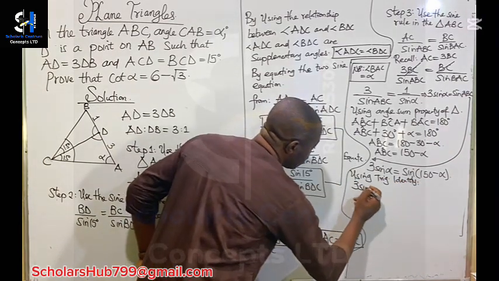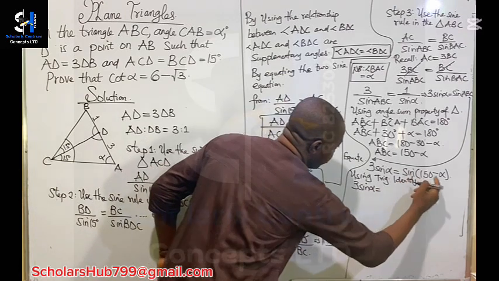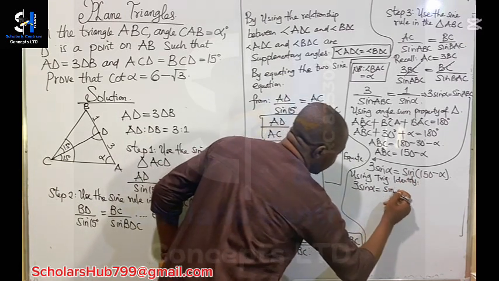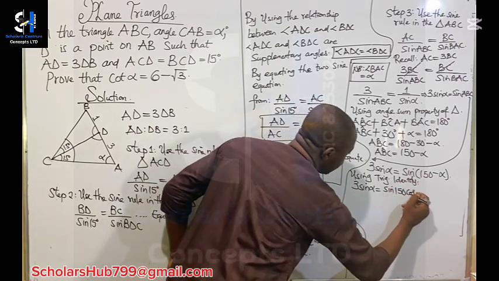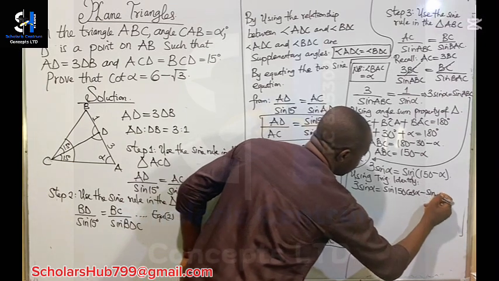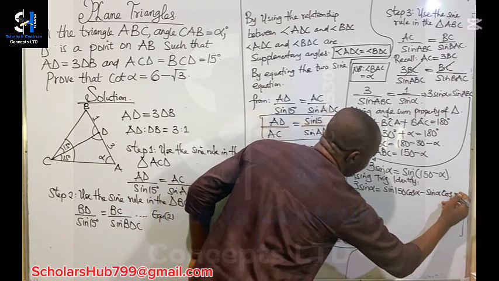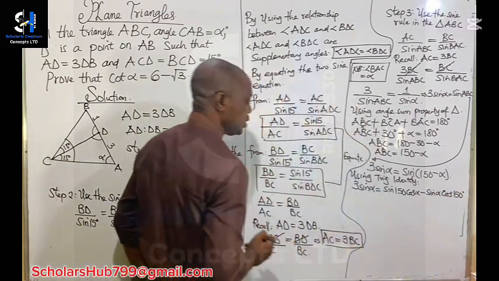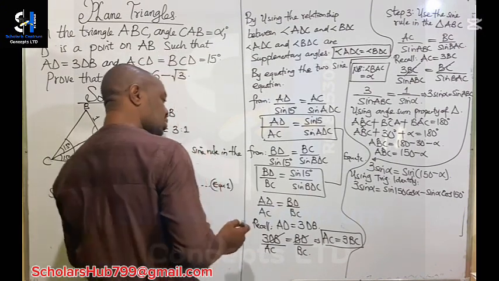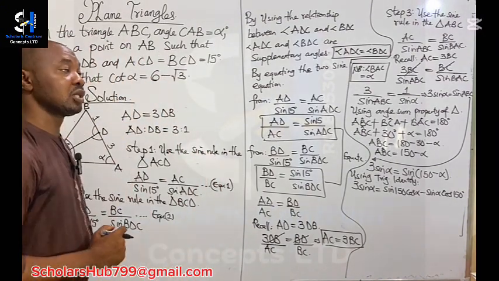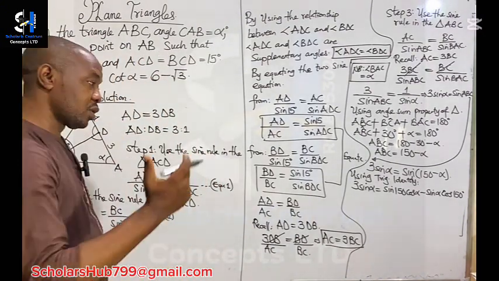So we have 3 sine alpha. If we expand this, we are going to have sine 150 cos alpha minus sine alpha cos 150 degrees. Okay, so what is sine 150? Second quadrant, that will be 0.5, that's 1/2.